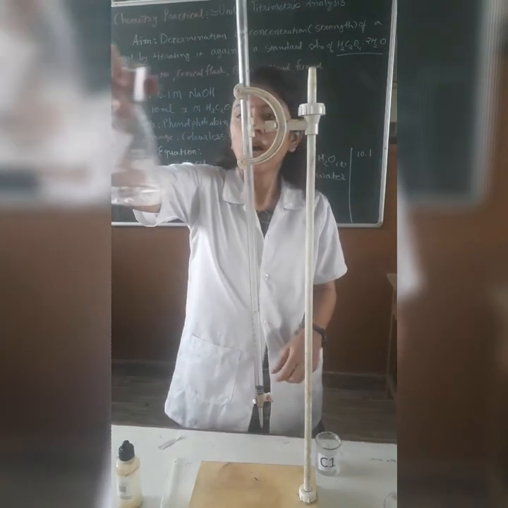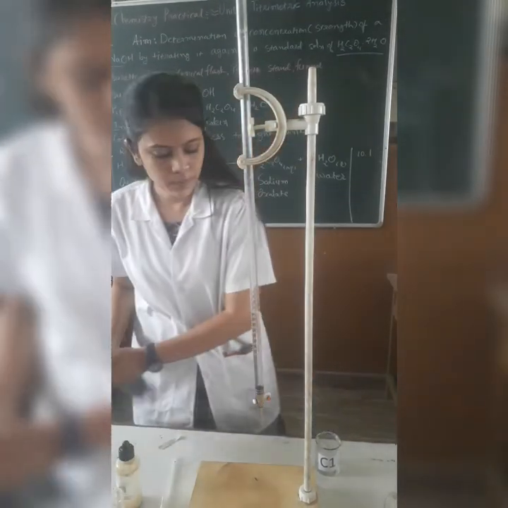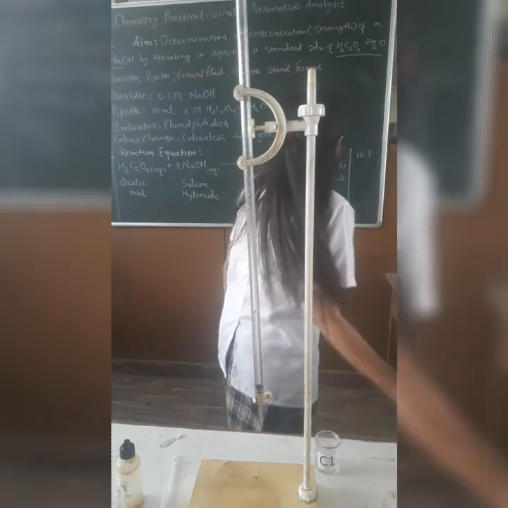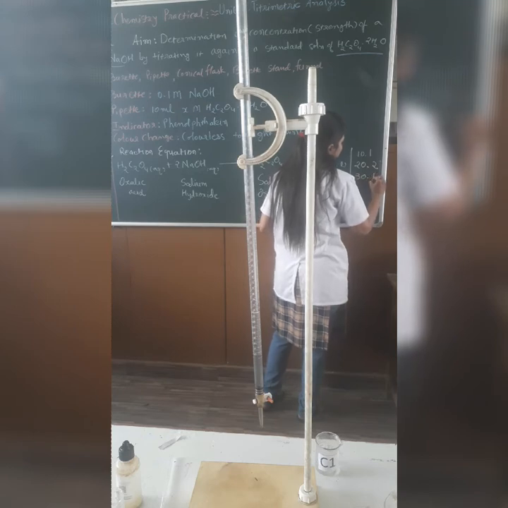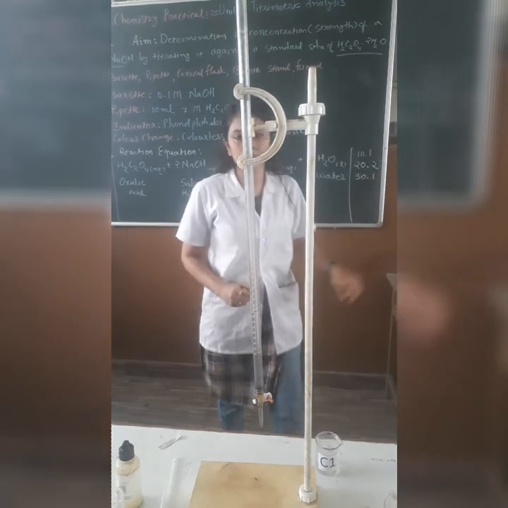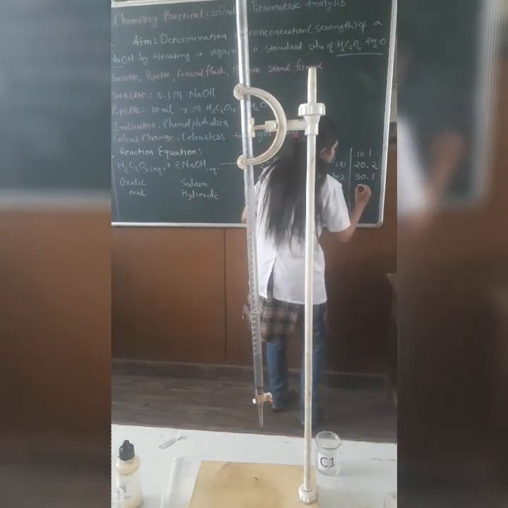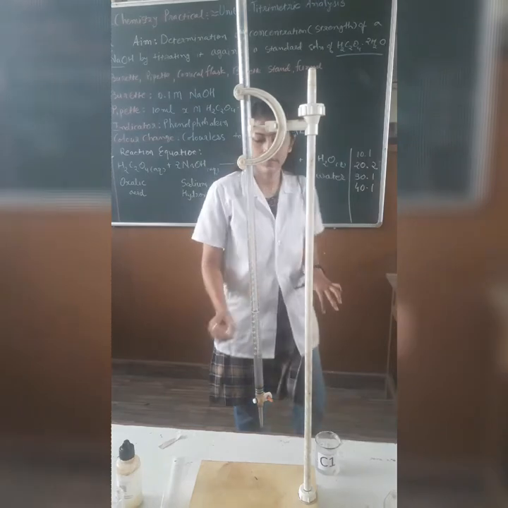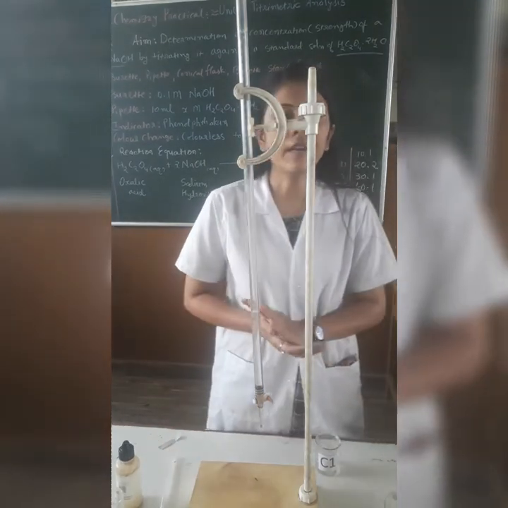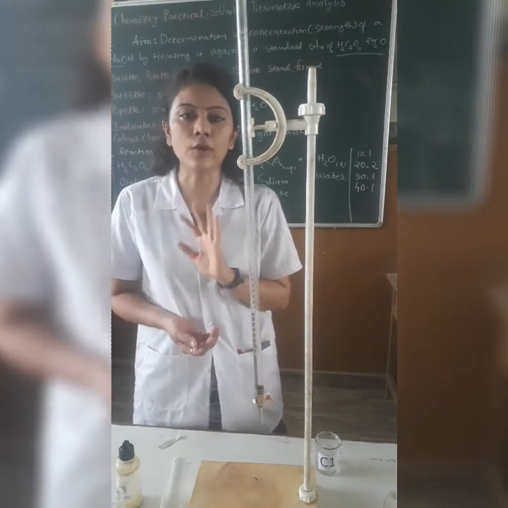See, again pink color appears. So our second reading is 20.2, third reading is 30.1, fourth reading is 40.1. Here we have taken the fourth reading. Now we have to do the calculation.